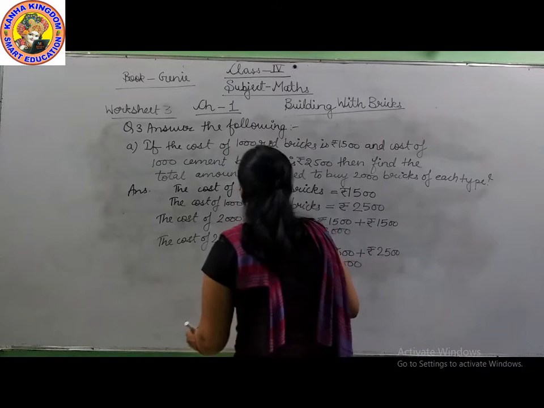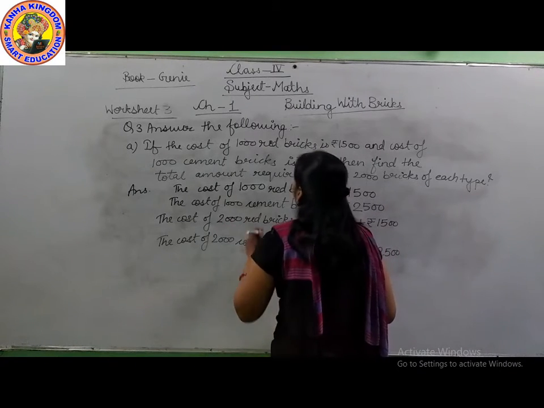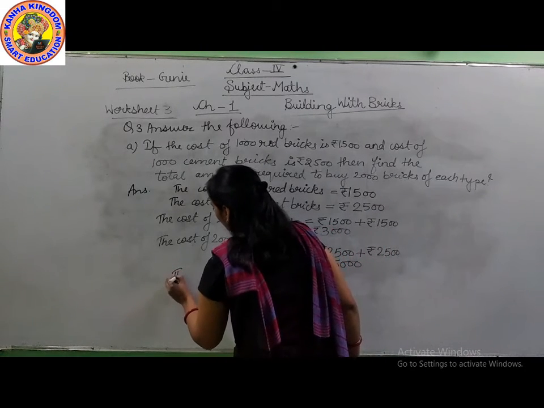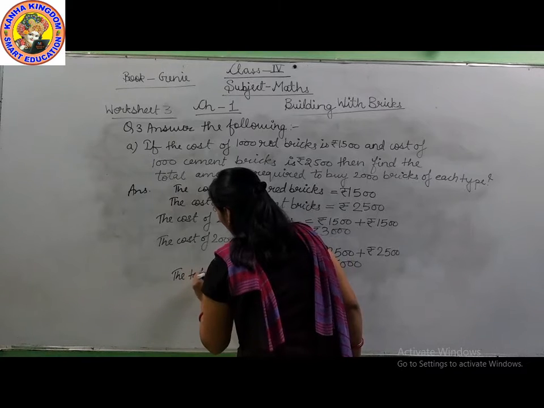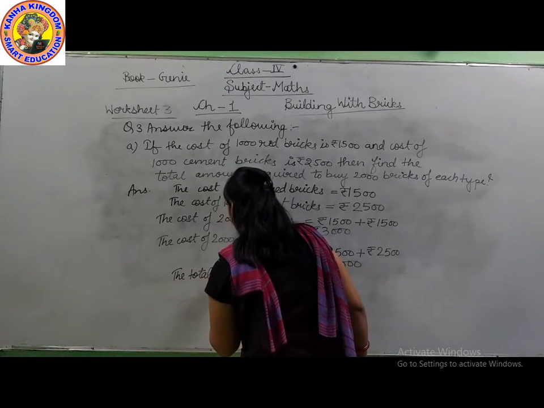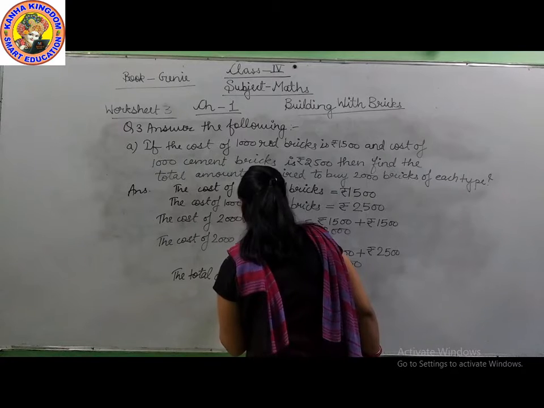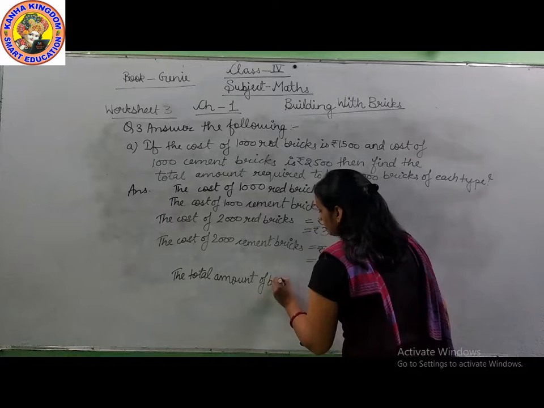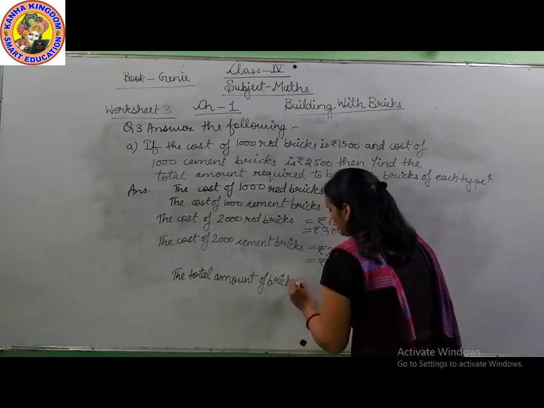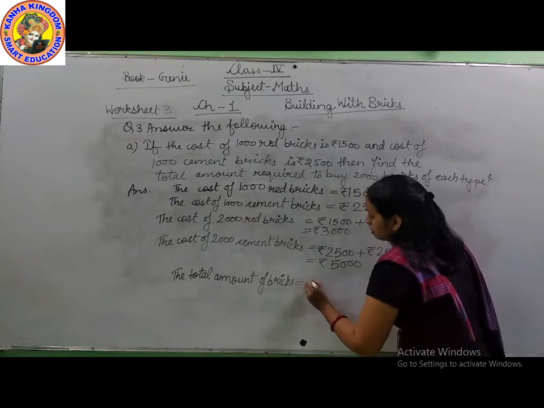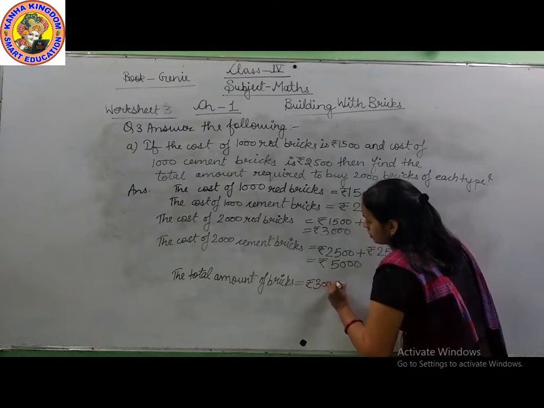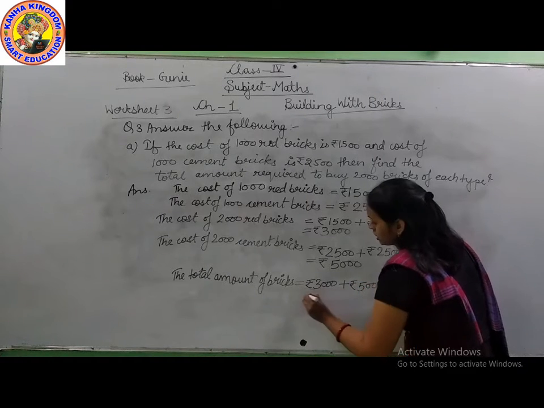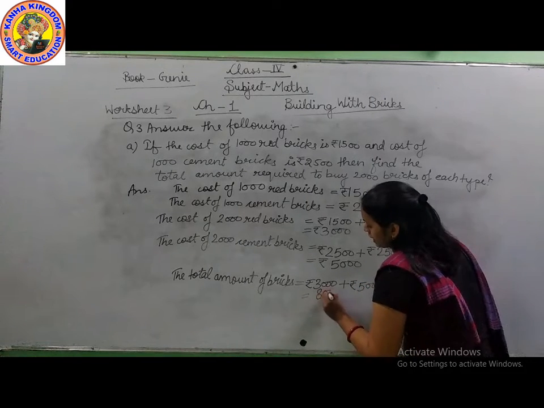Now find the total amount required to buy 2000 bricks. The total amount of bricks equals rupees 3000 plus rupees 5000 equals 8000.